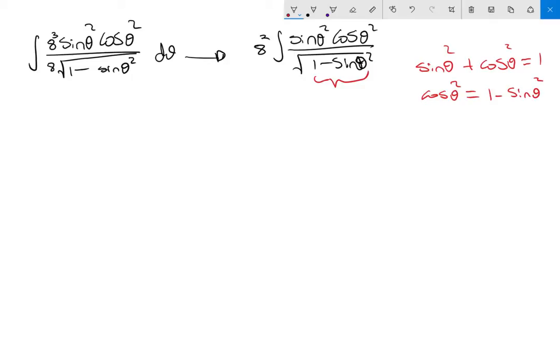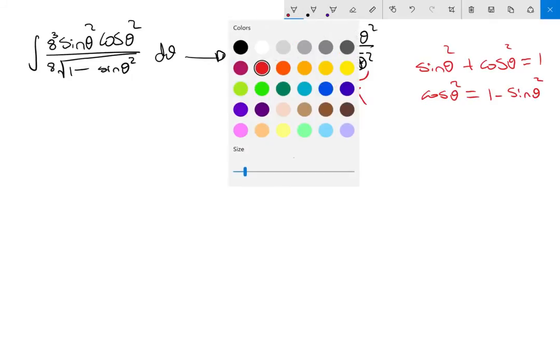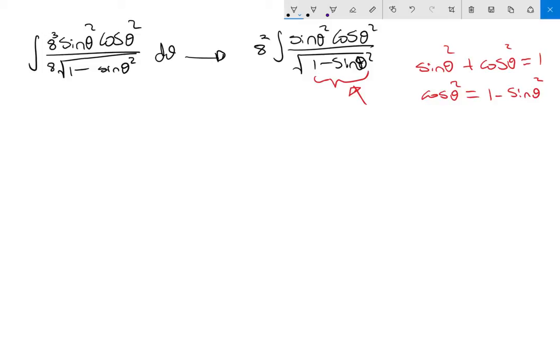And now we sub in the cos squared, and by doing so, the square root of cos squared will just become cos, and writing this down here, this will become sine theta squared cos theta over cos theta.